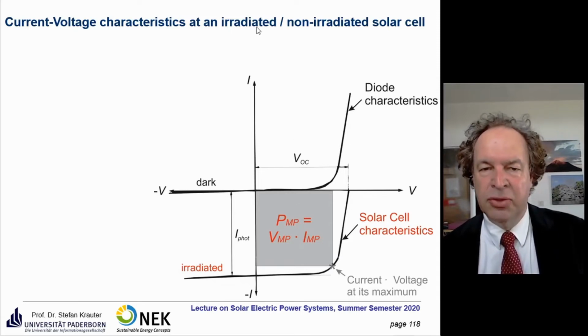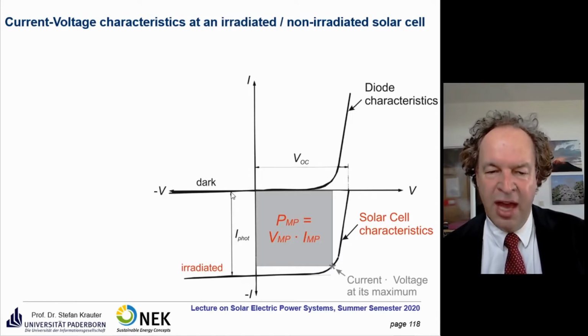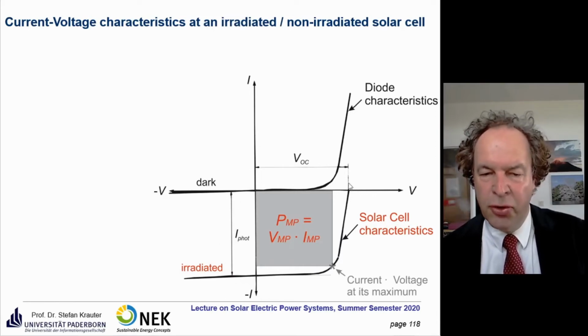If we take a look at the solar cell, that's an irradiated diode, and the only difference is that we have a shift of that curve towards negative currents by the amount of the photocurrent.